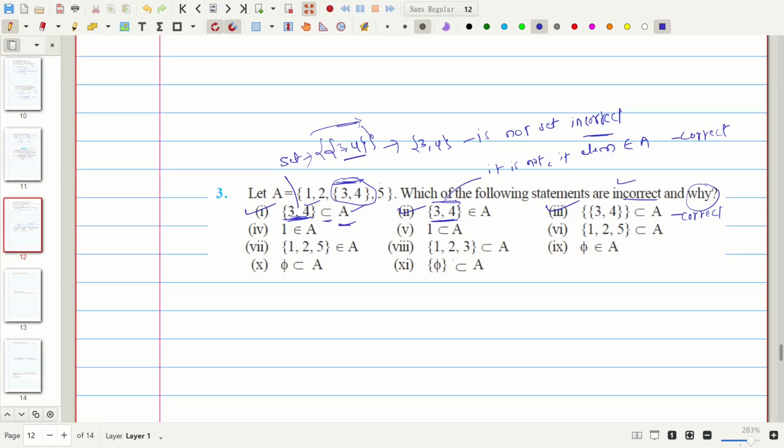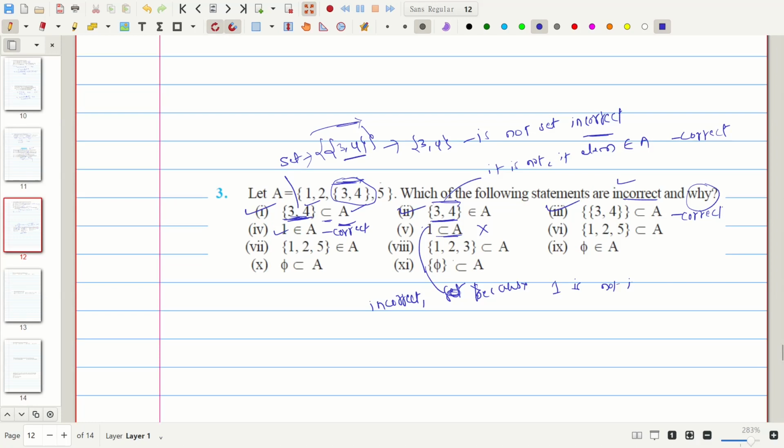Okay, and here 1 belongs to A, this is a correct statement. One element belongs to A. And here 1 is a subset of A, this is a wrong statement, because 1 is not written as a set. So you write that this statement is incorrect, because 1 is not written as a set.